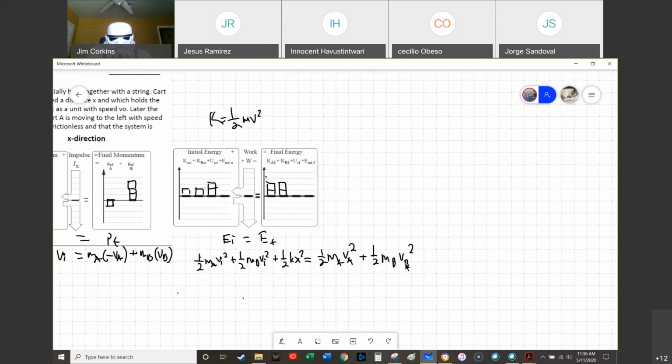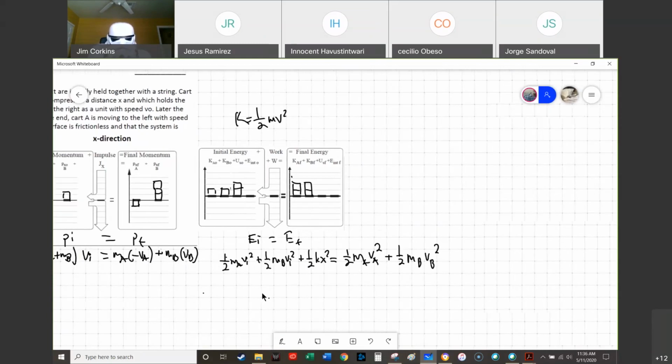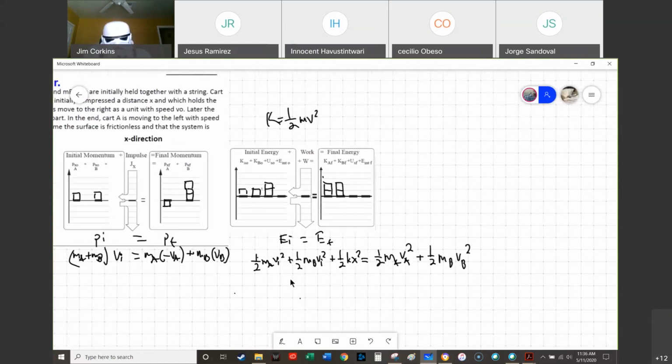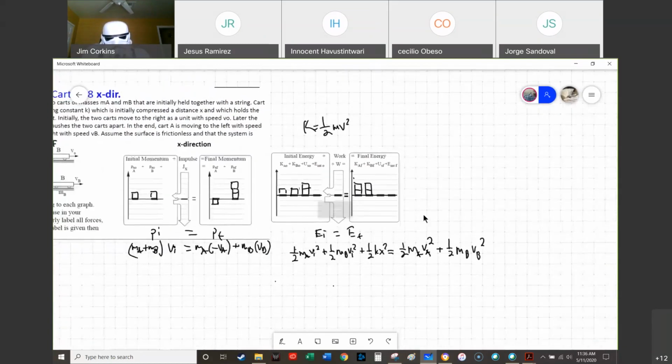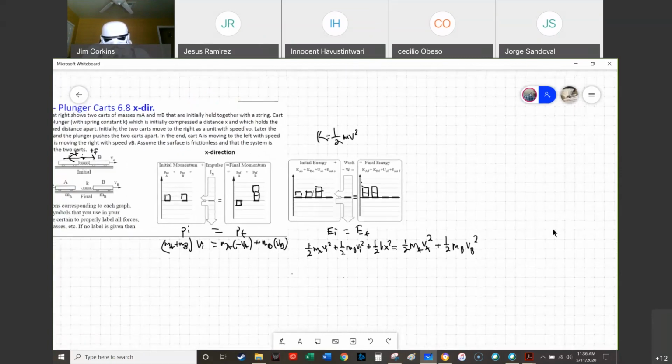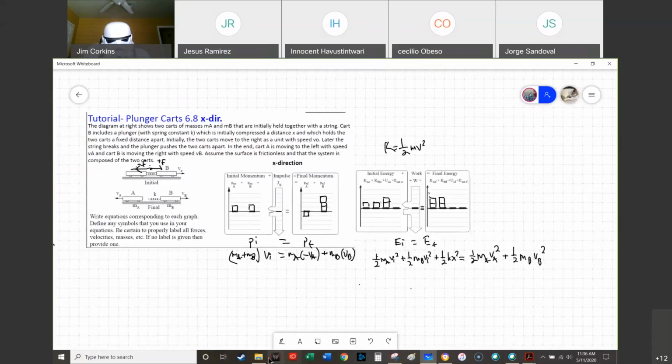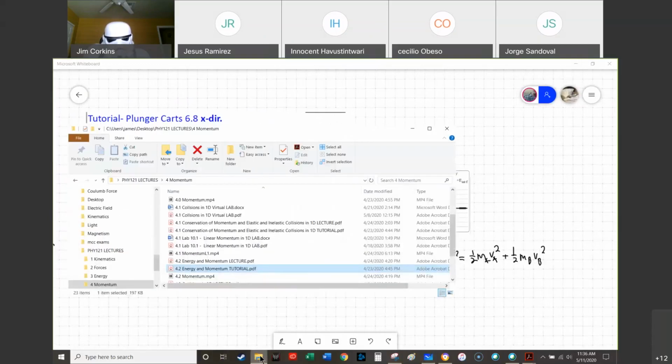This velocity, its magnitude is the same as this speed. Thank you for your assistance. This was 4.2.